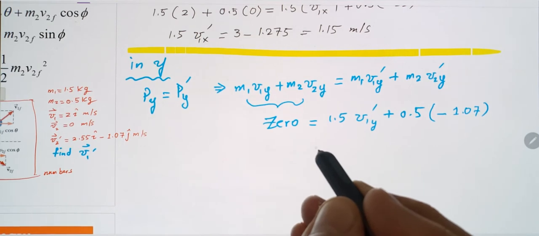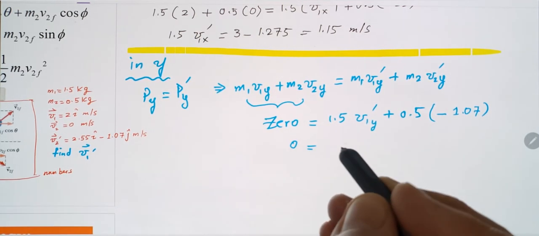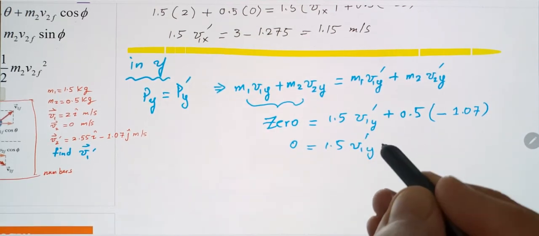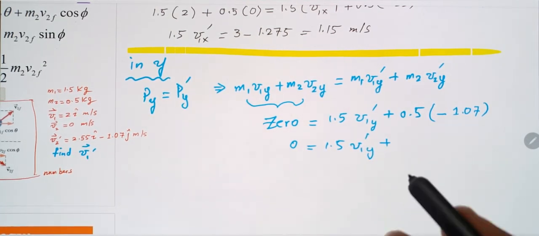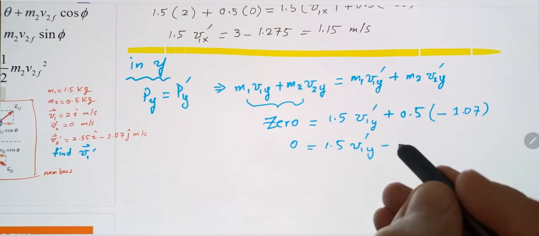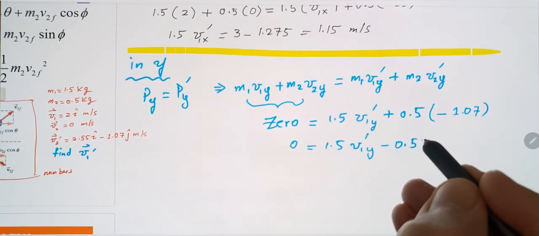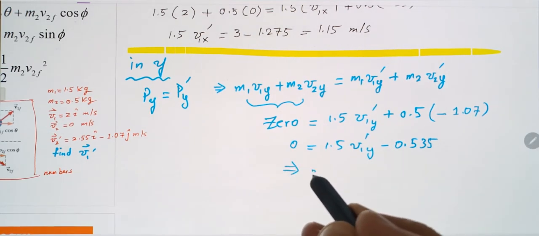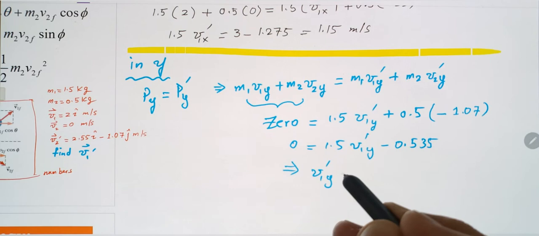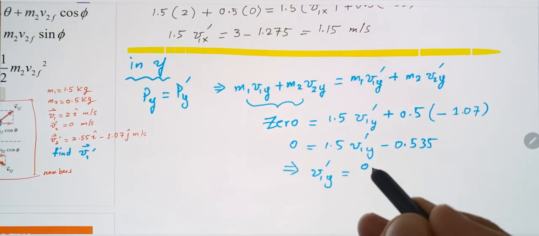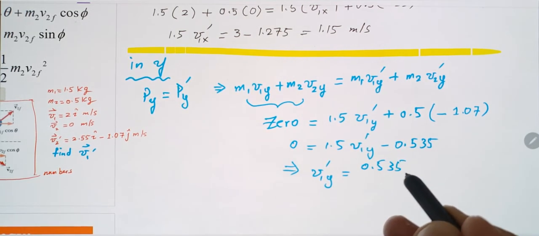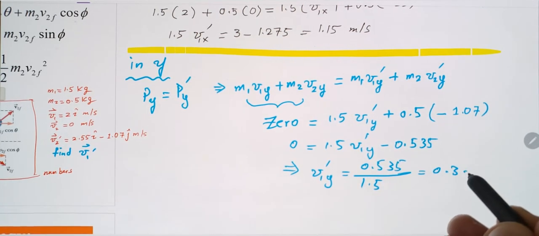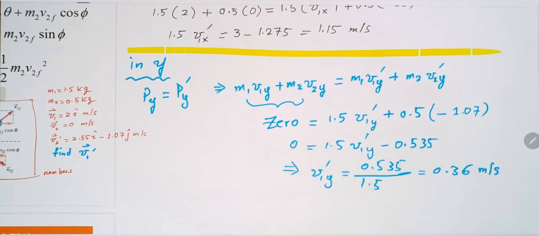So I put the number: 0 is equal 1.5 V1y prime plus minus, so it's a minus 0.535, and that will lead to V1y prime is equal 0.535 over 1.5, and that is 0.36 meter per second.